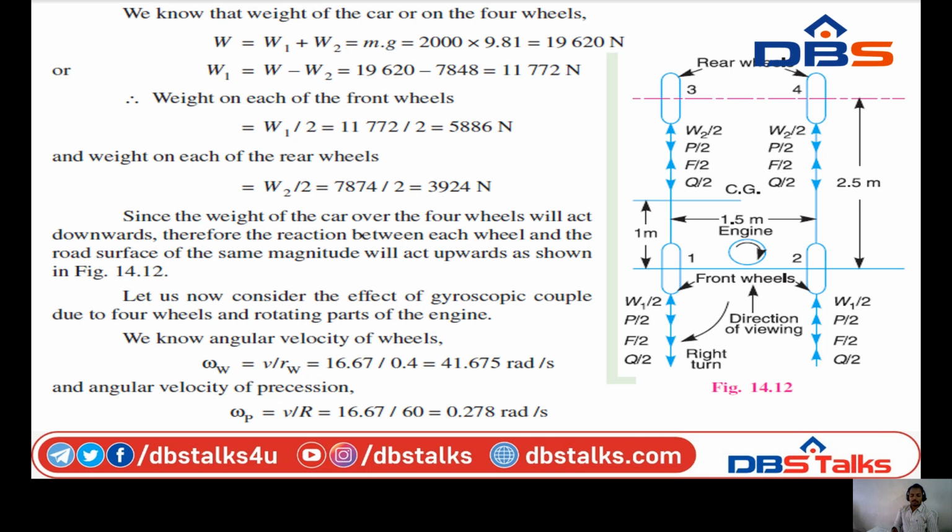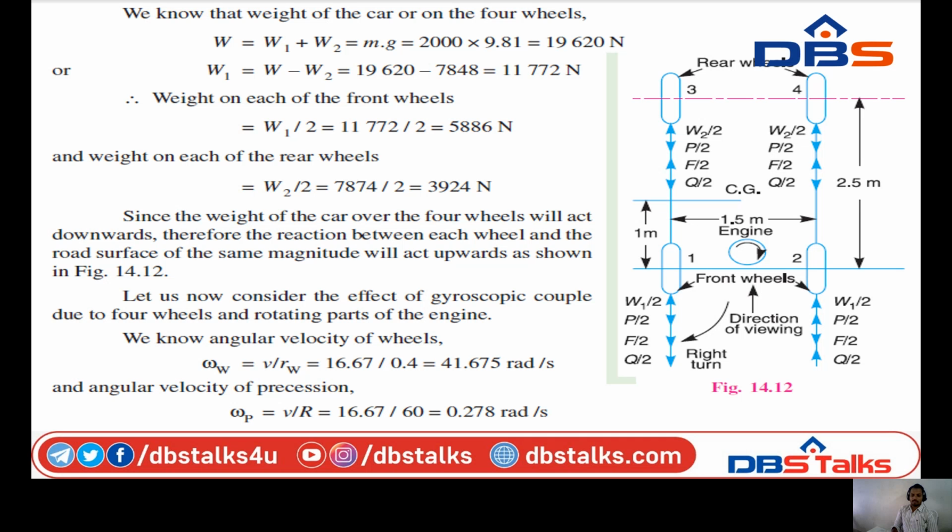We have to convert it to seconds, that is 16.67 by the radius, 60, equal to 0.278 radians per second.